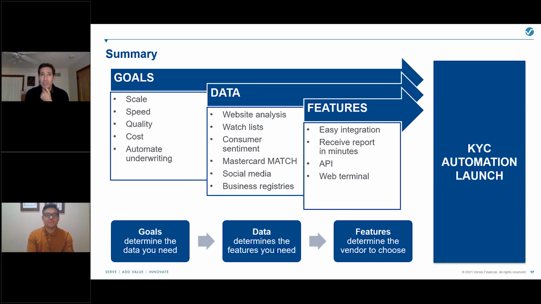Features are important. Which data sets do you need? Do you need watch list screening, PEP screening? Do you need social media? Do you need specific data sources like MasterCard Match?